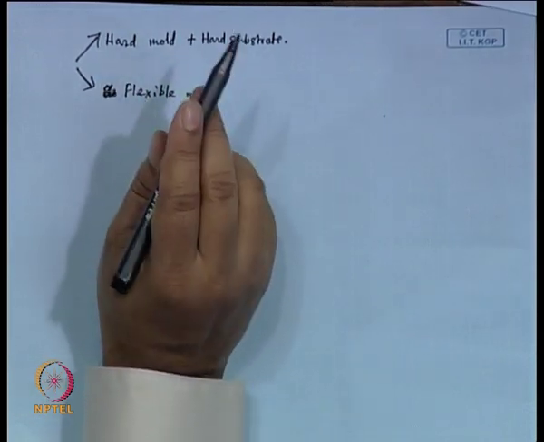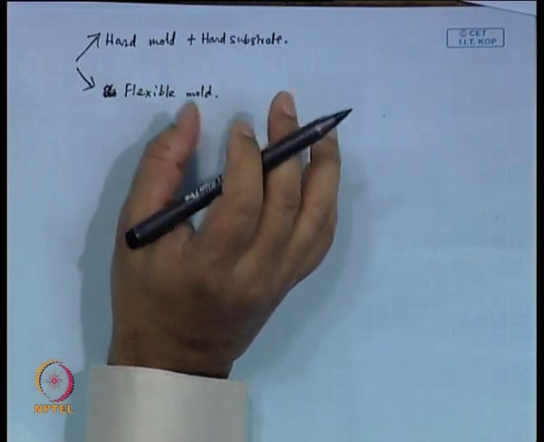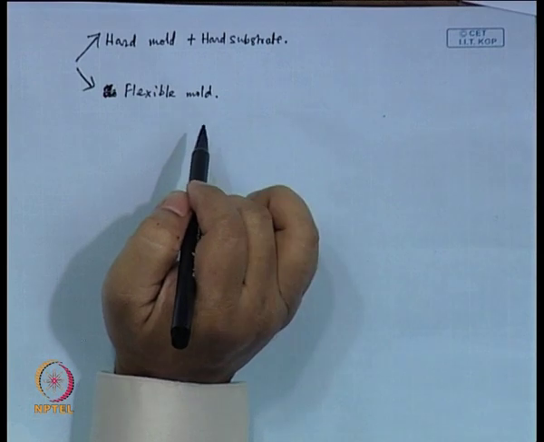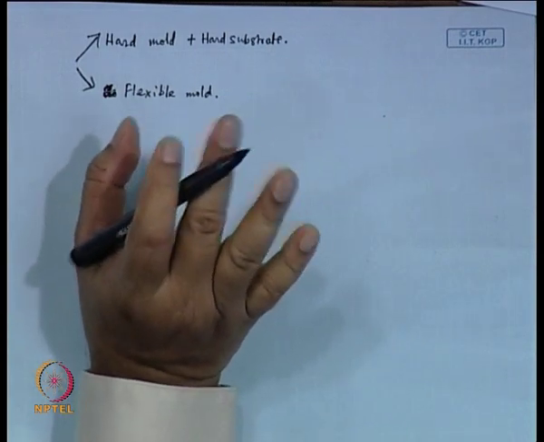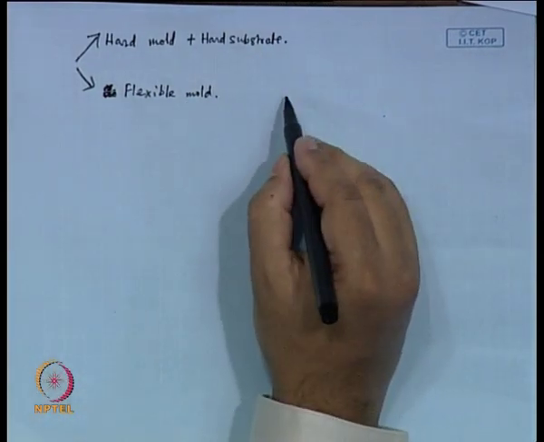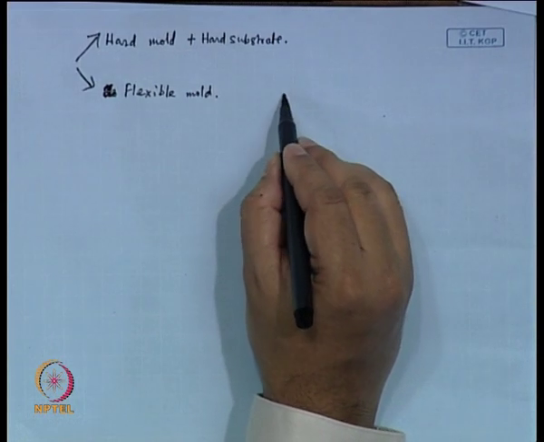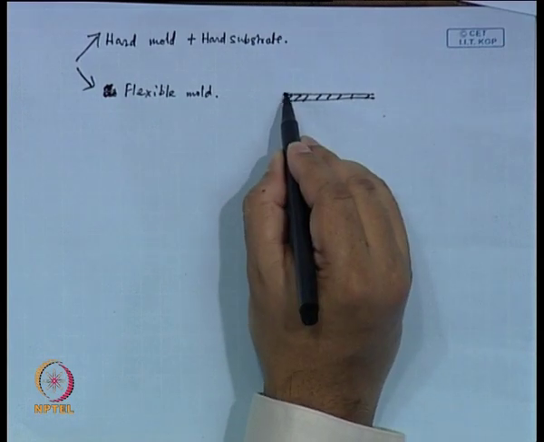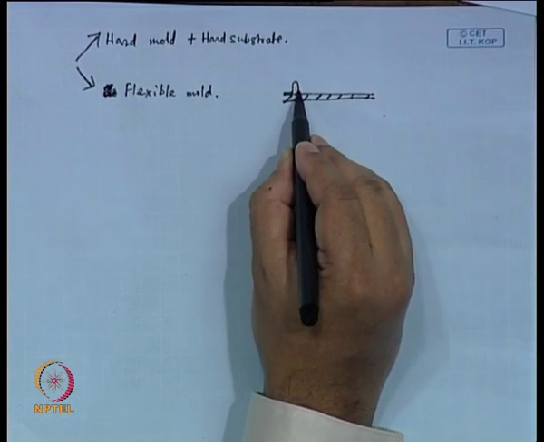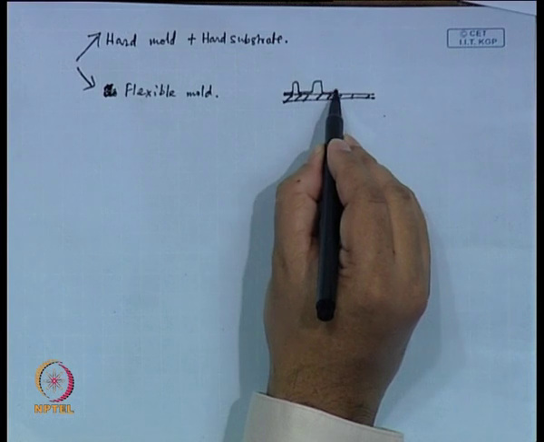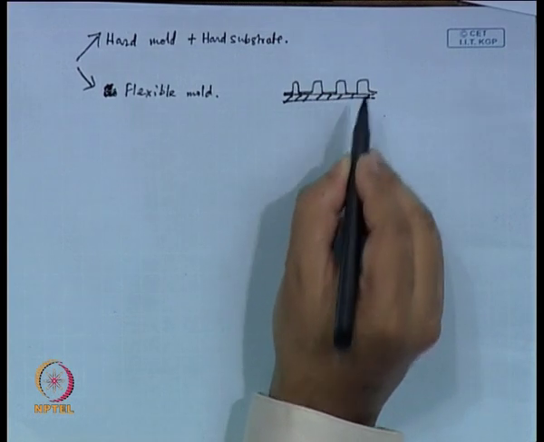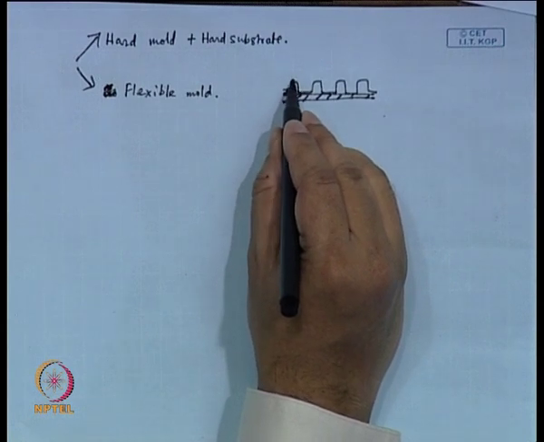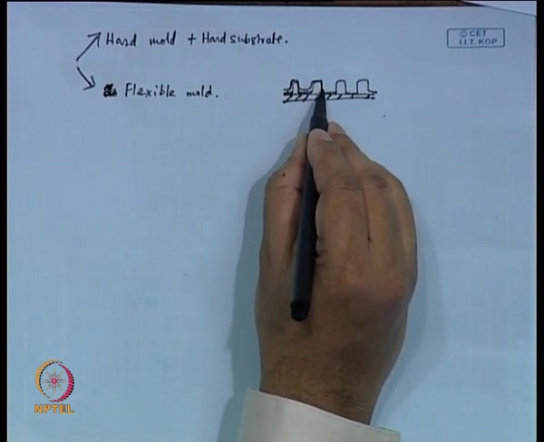That is why I have mentioned it is a PDMS mold, because a certain amount of flexibility is required. I can tell you why. From a fundamental standpoint, you are talking about a substrate, and then you have this mold. They are coming in contact with each other, right? This is made of PDMS.